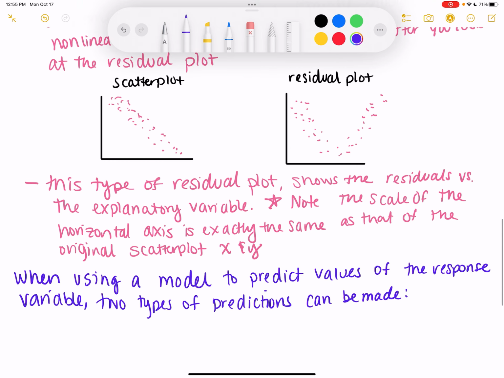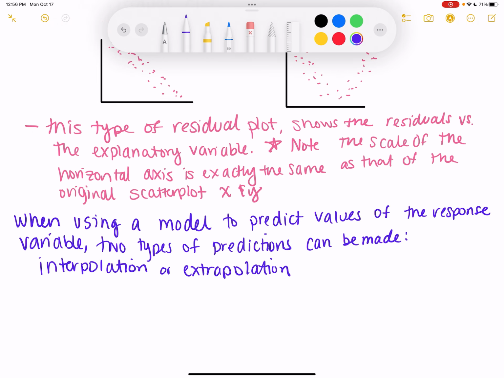And that can be interpolation or extrapolation. You'll be seeing a lot more of it this chapter. Last chapter was just like a here it exists kind of thing.